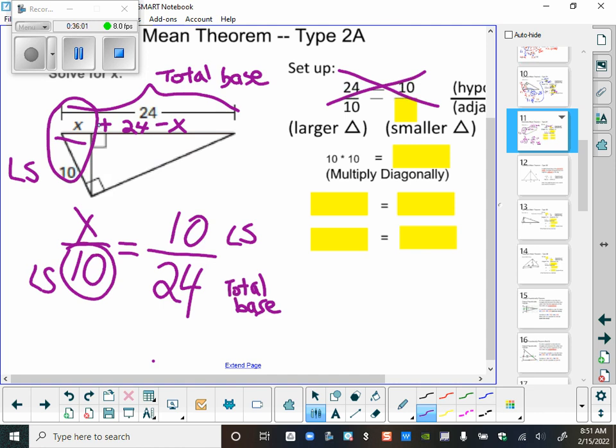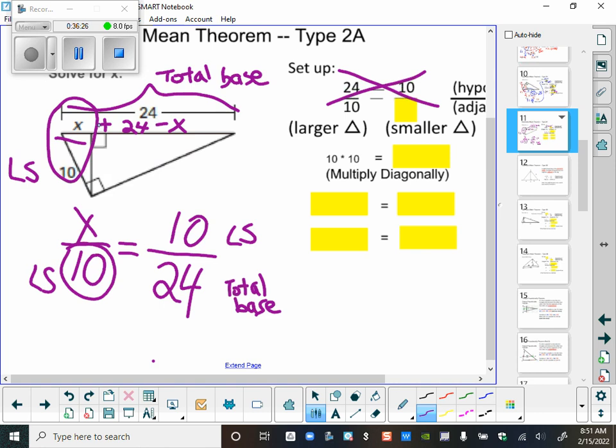What happens when you add an X and a negative X? So I have an X. I take it away. What do I have? What's remaining? 0. That's why those guys would have canceled out. Boom. That's how you get your total base of 24. Entire distance you already had.